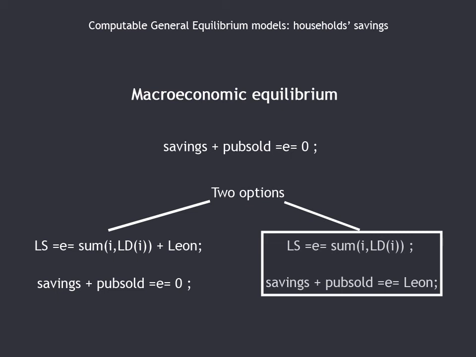And the reason why we can do that is that if we write LS equal to the sum over I of labor demand in sector I, it means that from all other equations, we can derive the macroeconomic equilibrium. That is to say, if we have the labor market equilibrium this way, the macroeconomic equilibrium condition is not independent from others. And so with the addition of the Léon variable in this macroeconomic equilibrium condition, this condition becomes independent from other variables.